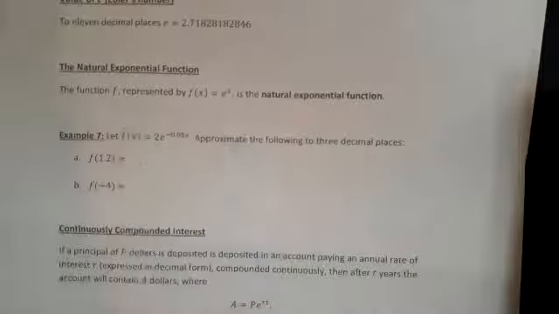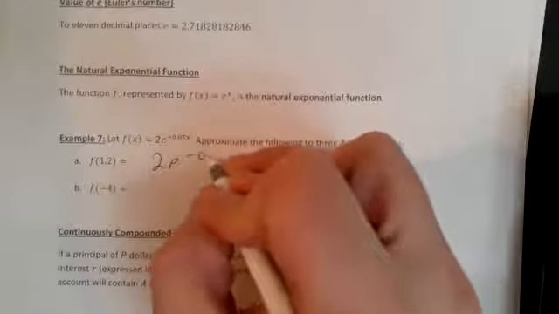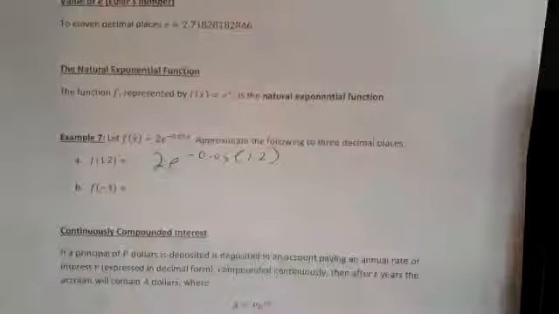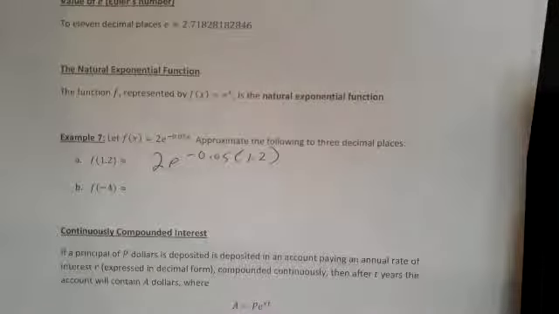And so let f of x equal 2e to the x. Approximate the following to 3 decimal places. We want to figure out 2e to the minus 0.05 times 12. This is basically a calculator check sort of problem.